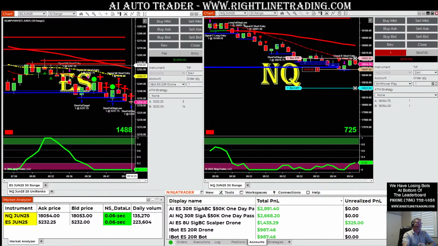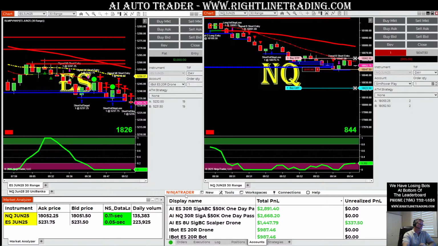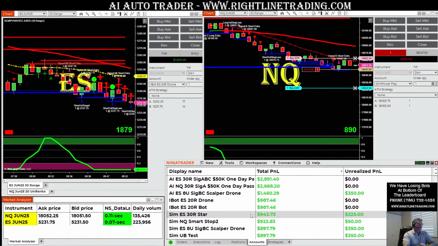So what we did with the power play, we added a filter where we're only taking trades when the 20 Unarenko is in agreement in trend. So we can use that NQ30 range velocity drone, especially if it comes to our leaderboard. But we have to keep in mind that without that power play condition, there's a little more risk on those entries where you don't have that multi-time frame alignment of trend, at least in my opinion.